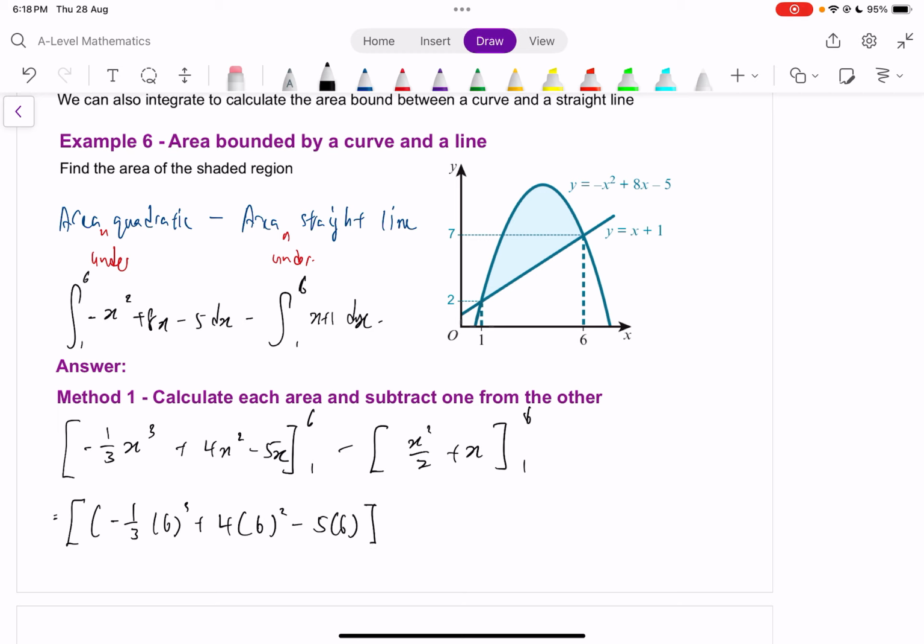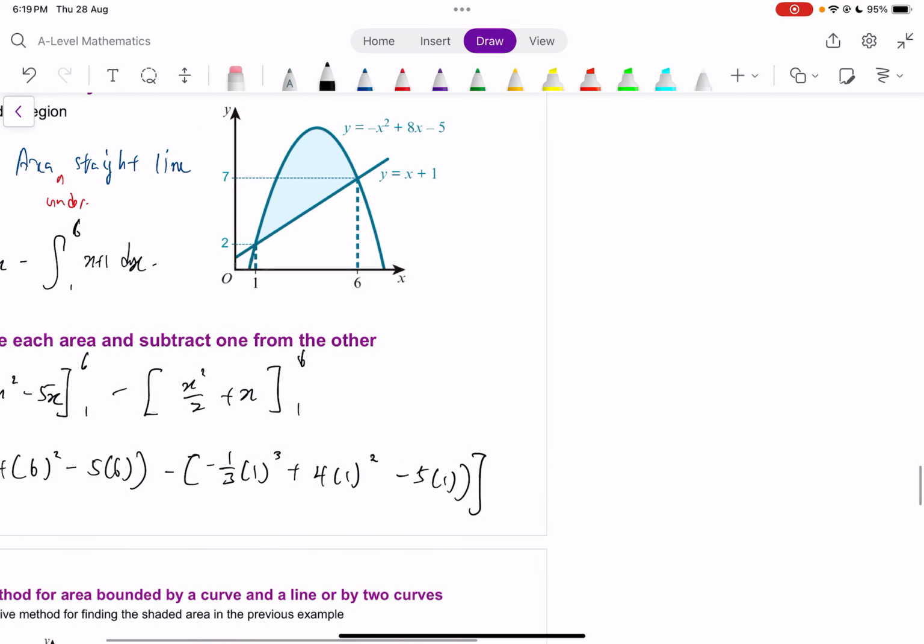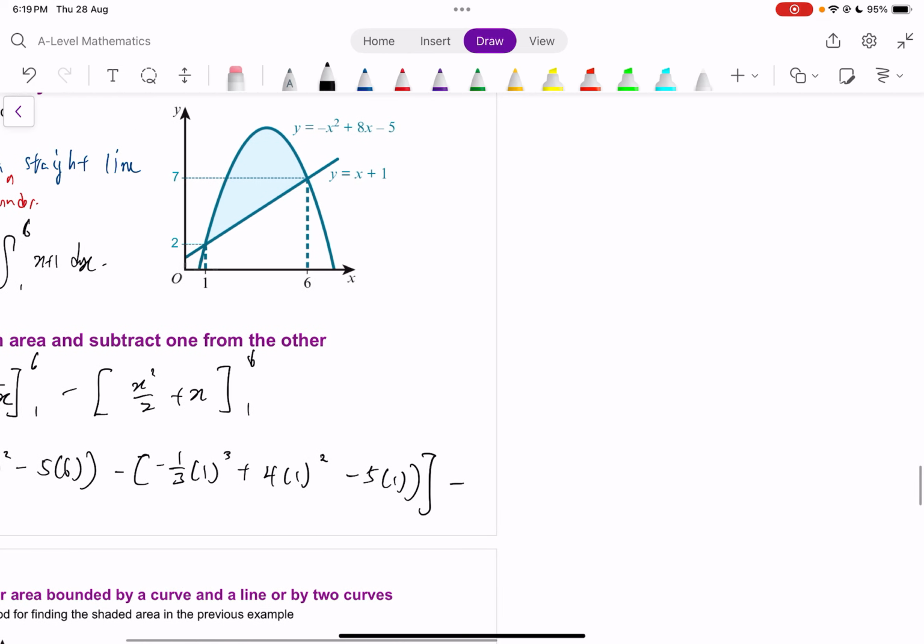If you do not have your brackets written properly, you can see how chaotic it becomes. This is fun. Minus 6 squared over 2 plus 6.